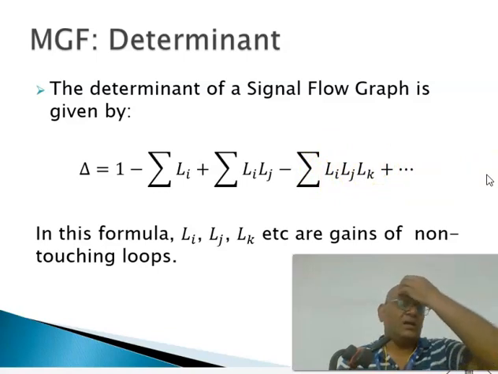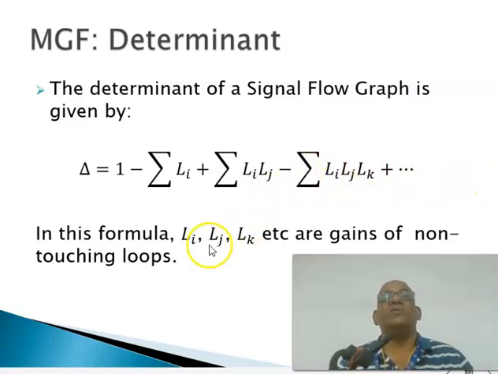This will become clear if you work through a couple of problems. Just remember, the signs alternate: 1 minus plus minus plus, and so on. If you remember this, you can very easily compute the determinant.